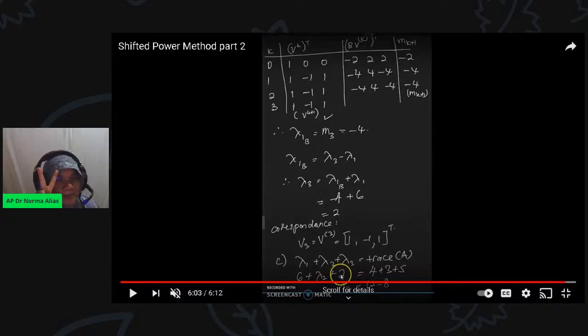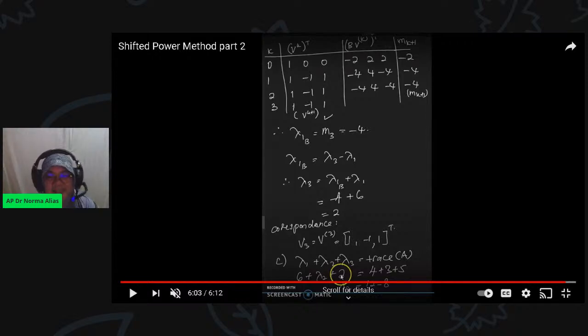To get lambda 3, it is lambda 1b plus lambda 1a, and the other formula for the eigenvalue between a and b is lambda 1 plus lambda 2 plus lambda 3 equals trace A. What is trace A? This one you need to remember, because you need to answer this question in 20 minutes.